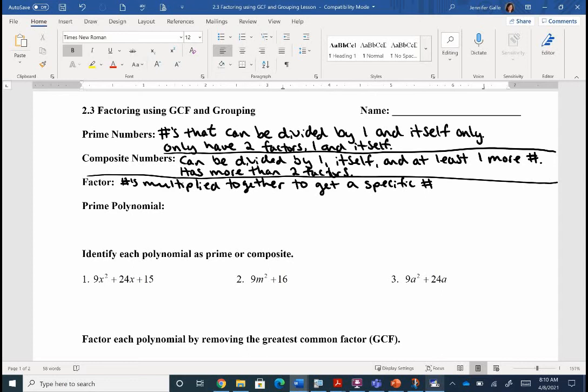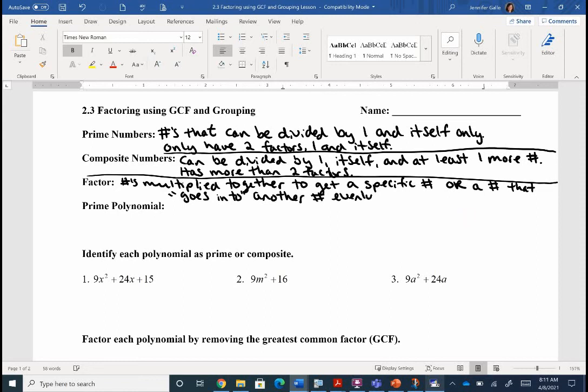Or a factor is a number that goes into another number evenly.